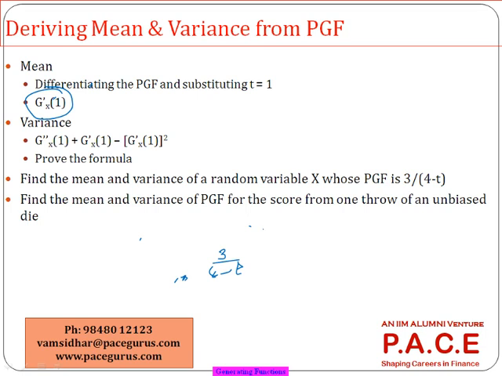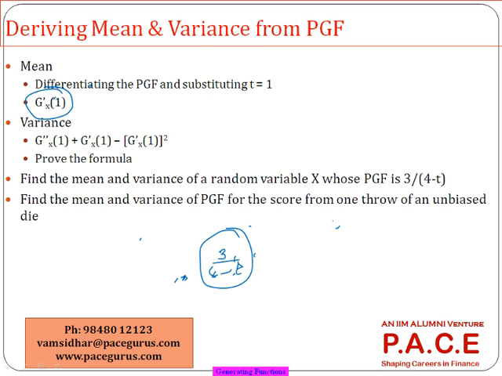Now if I want the mean of this, this is where we get the advantage. I don't know the distribution, I only know the probability generating function. So if I want to find the mean, you take the derivative of this. 1 by x is minus 1 by x squared kind of stuff.